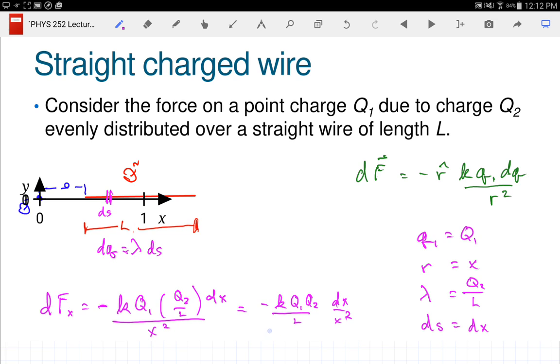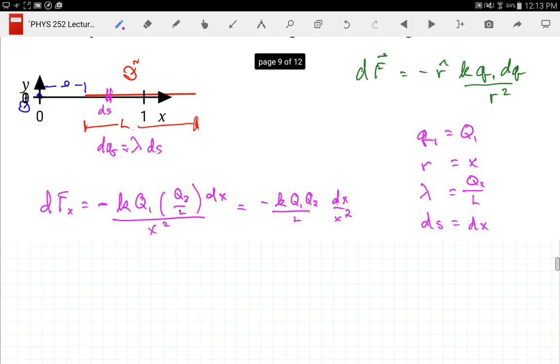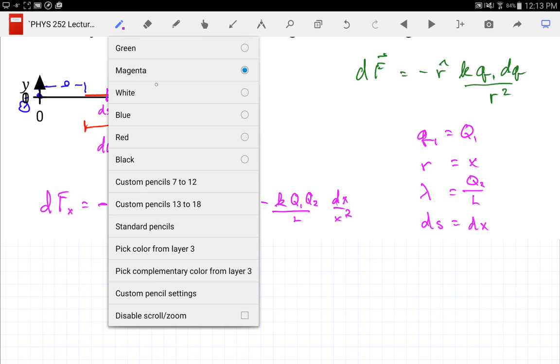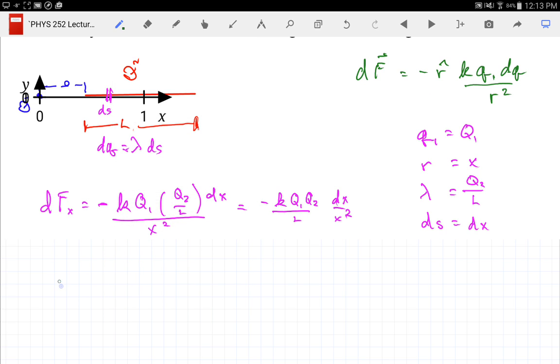All right. Now that we have this, there is only one step remaining. What's that one step? Integrate. So let's put the constants out front again.